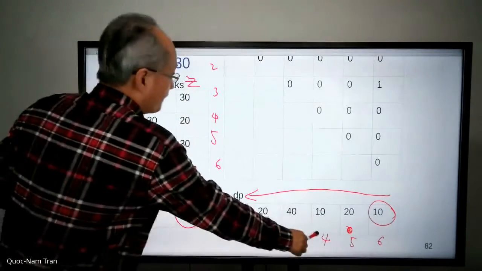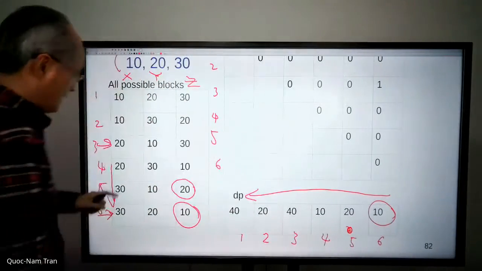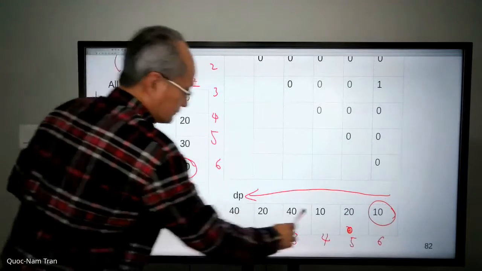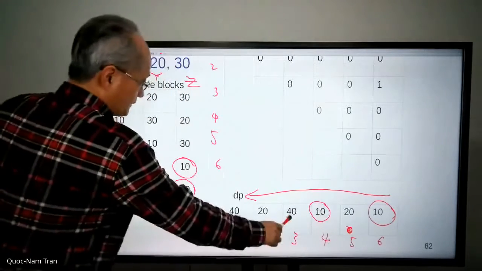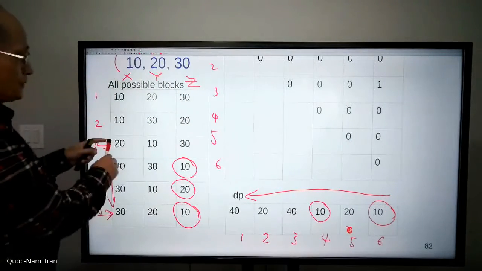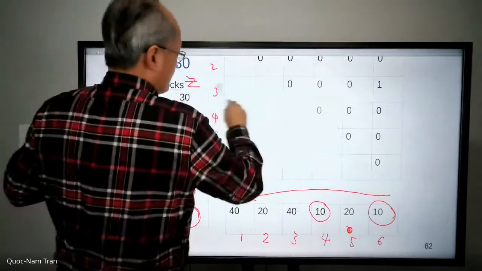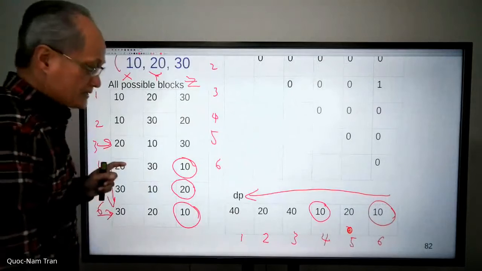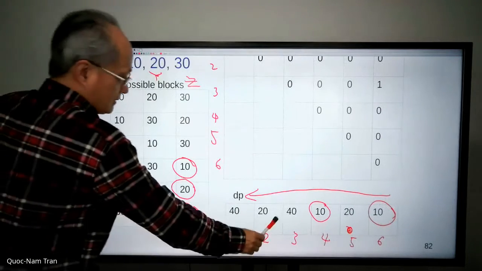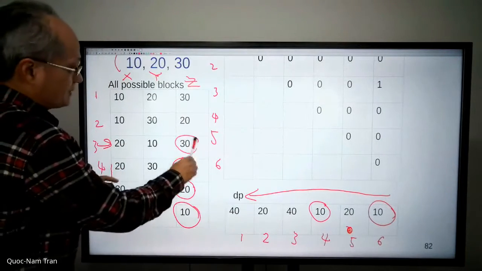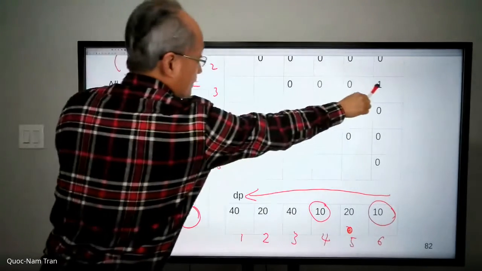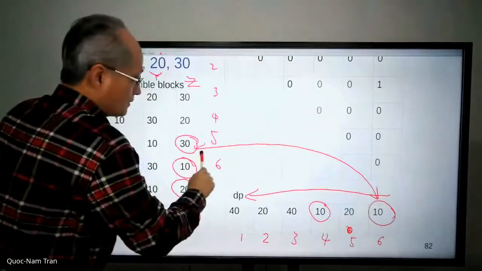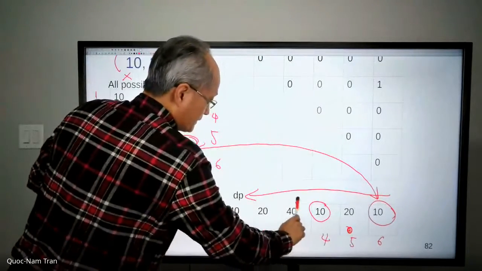So that said, the value I have here for DP is simply this one, right? So for the 4, same thing. Okay, I have 10. Now for the 3, I know that it can be put on top of the last one, right? So I will see here 3, I have 30, and then on top of the last one, I add this 2, and then I have 40 here.